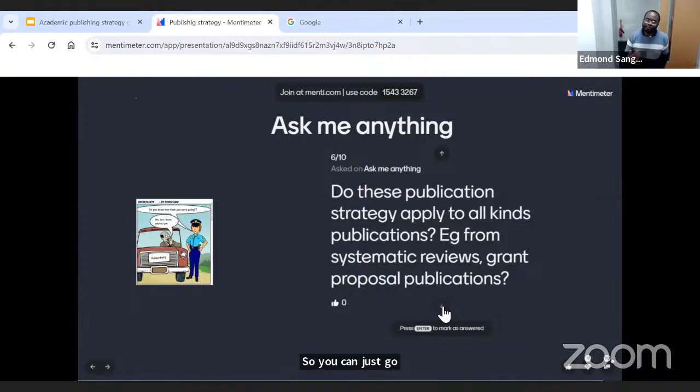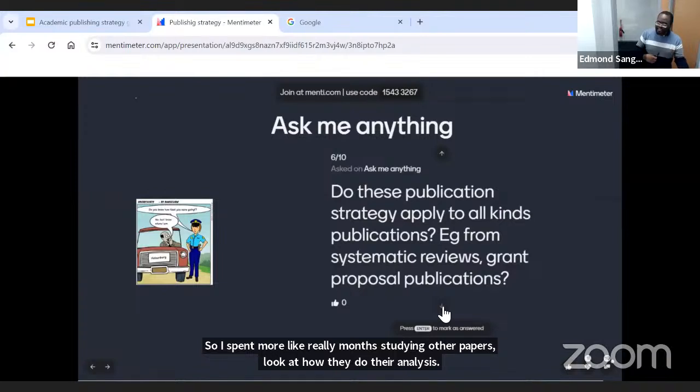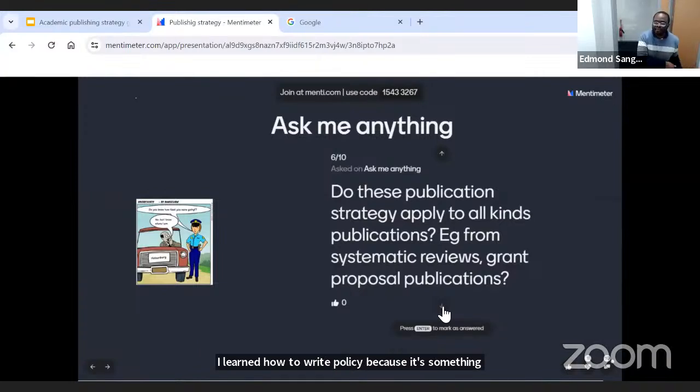So I spent months studying other papers, looking at how they do their analysis. I learned how to write policy briefs because it's something that I'm interested in. So I invested time in doing that, but it can be time consuming and it can affect your other areas of productivity. So that balanced scorecard, let's go back to the balanced scorecard, will help you in making those decisions.